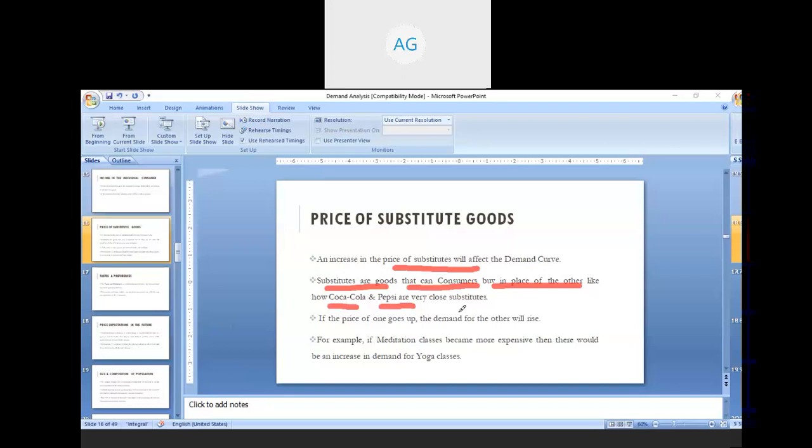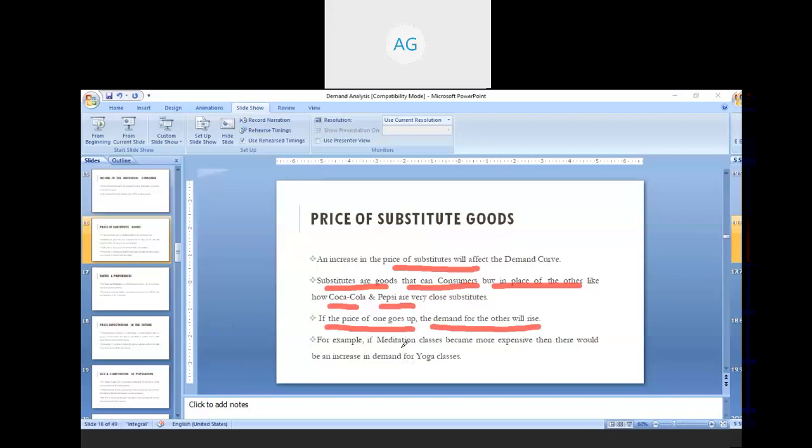So it means that if the Coca-Cola price increases, then the demand of Pepsi increases. So if the price of that particular product or item increases, then the demand for its substitute increases as well. If the price of one goes up, the demand for the other will rise.